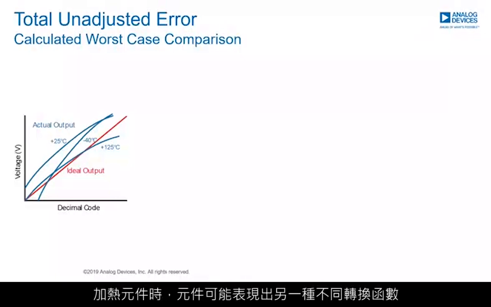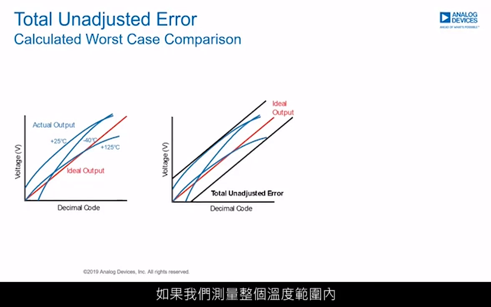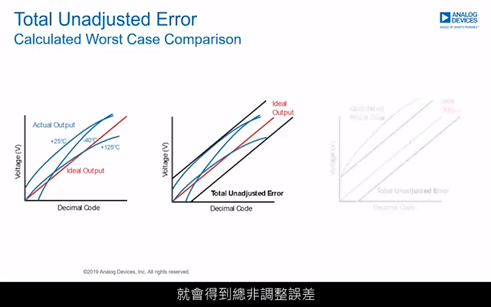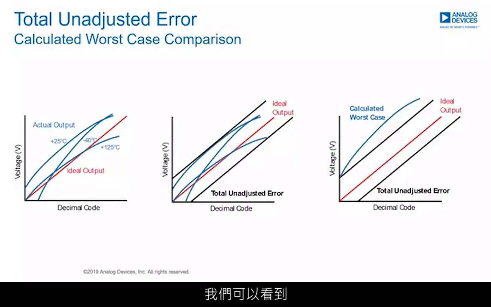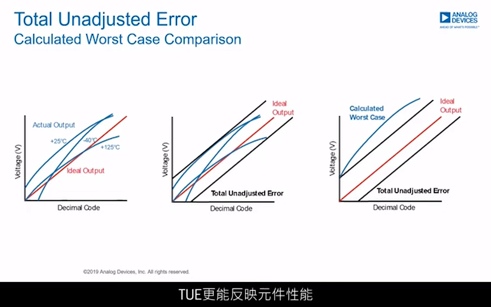When you heat up the part, it may behave with another differing transfer function. If we take a worst case measurement across temperature, as well as process and operational parameters, we have the total unadjusted error. We can see TUE gives a far better indication of the device performance than taking the worst case maximum error sources and adding the values together.